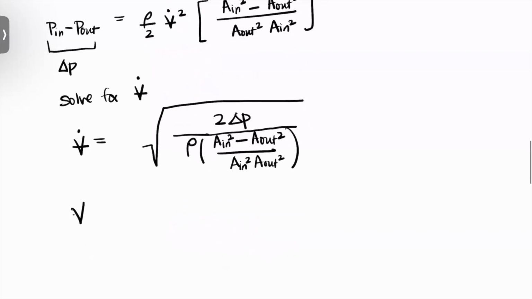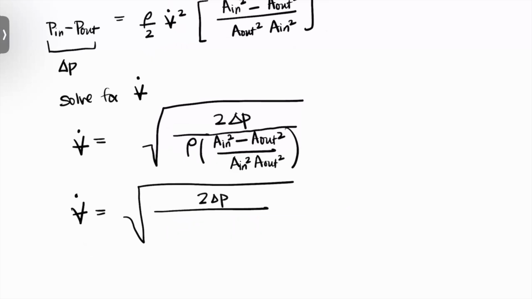Okay, we're almost to the equation that's in the handout. So I'm going to rewrite this in the following way. I have 2 delta P and then rho times, I'm going to factor out 1 over A out squared. And I have A in squared over A in squared minus A out squared divided by A in squared.